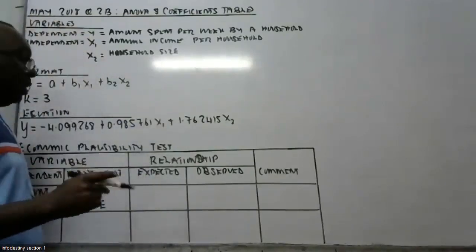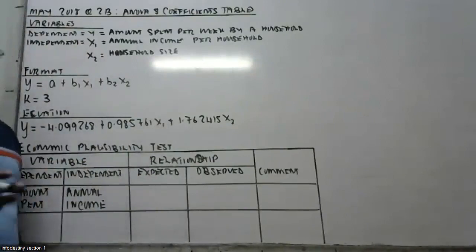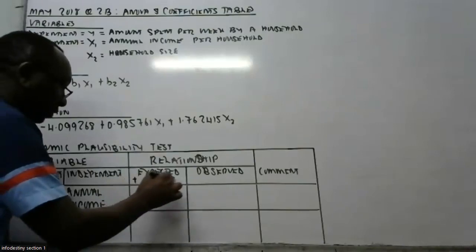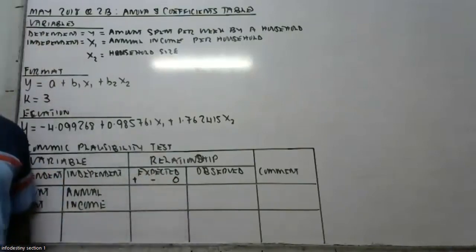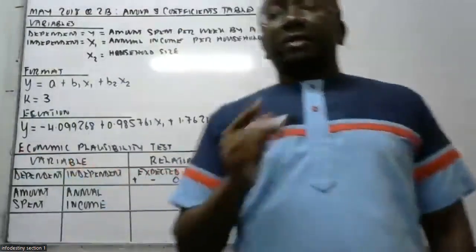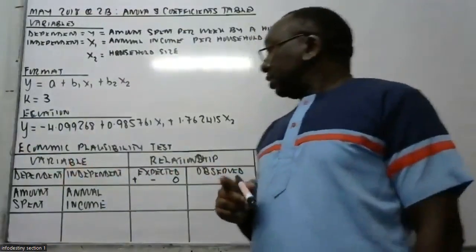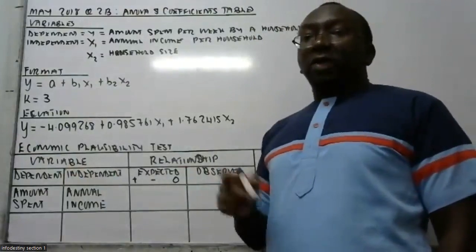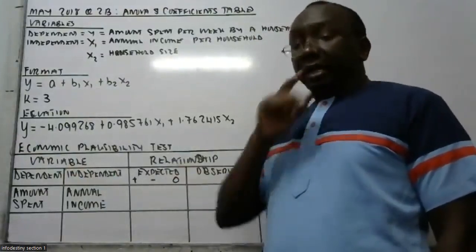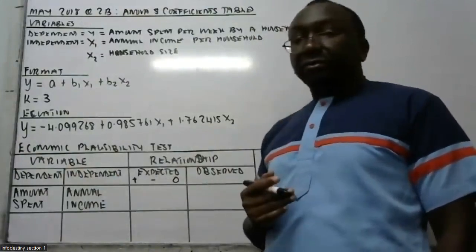There is the positive relationship. There is a negative relationship or zero relationship. Positive means they are changing towards the same direction. Negative means they are changing towards opposite. Zero means they have no effect on each other.